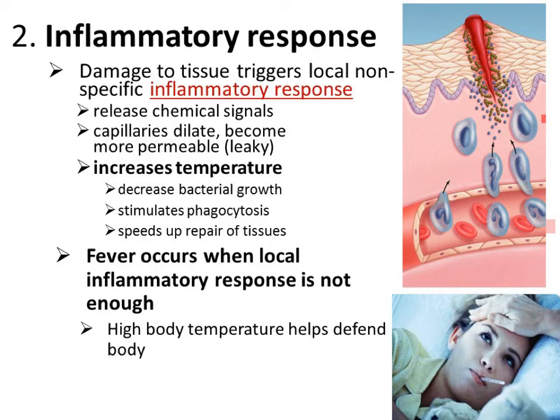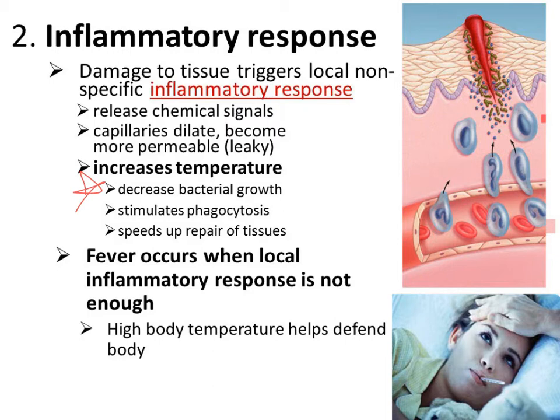An interesting part of your second line of defense is also what we call an inflammatory response. Damage to particular tissue, like if you cut your hand, can trigger an inflammation. It increases your temperature, and that helps your body decrease bacterial growth, because at certain temperatures, like cooking, bacteria doesn't grow as well.